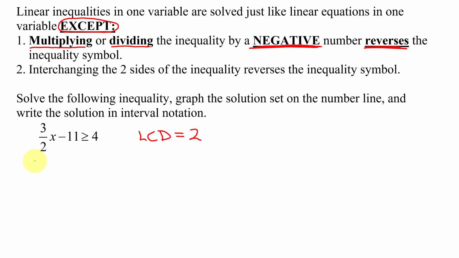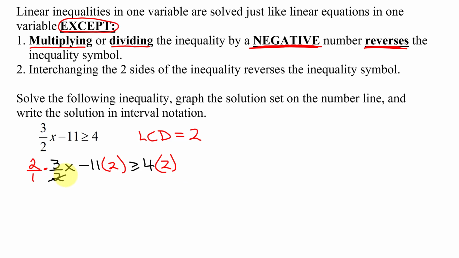As my first term is a fraction, I'm going to turn my LCD into a fraction by dividing it by 1. So I have 2/1 times 3/2 x minus 11. Now multiply the 11 by the LCD of 2 is greater than or equal to 4, and please don't forget to multiply the 4 by the LCD of 2.